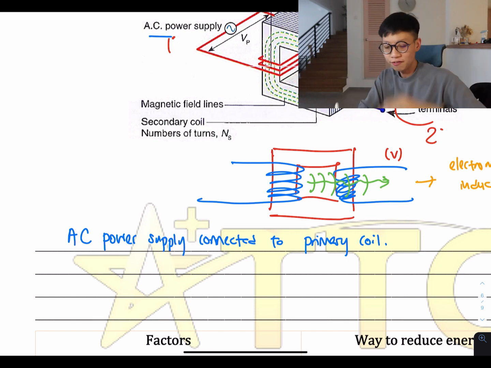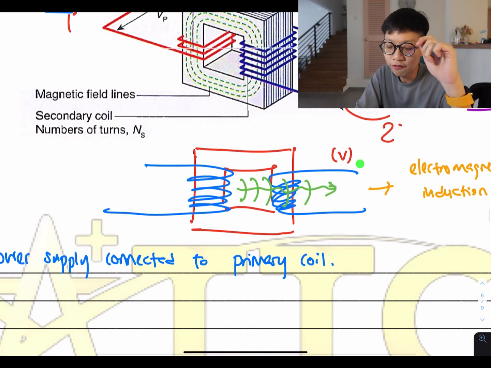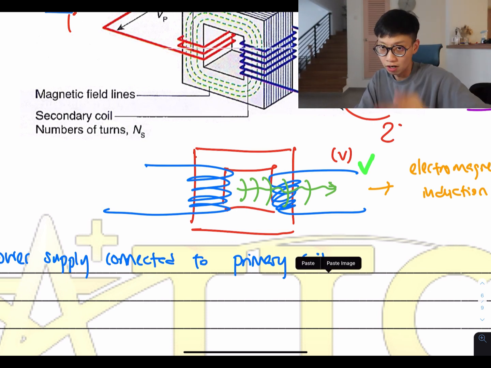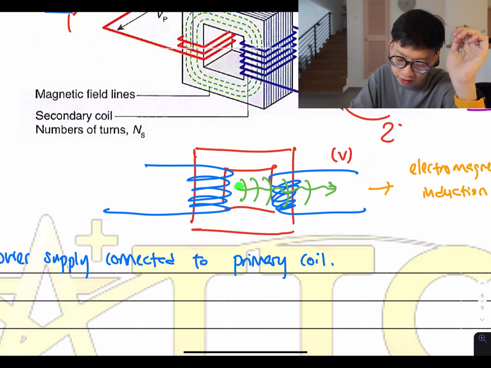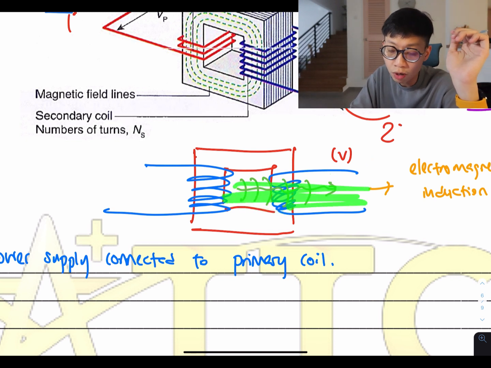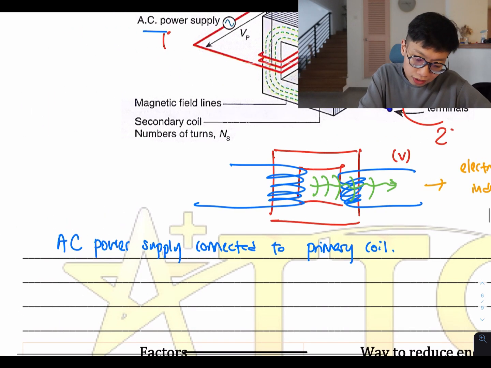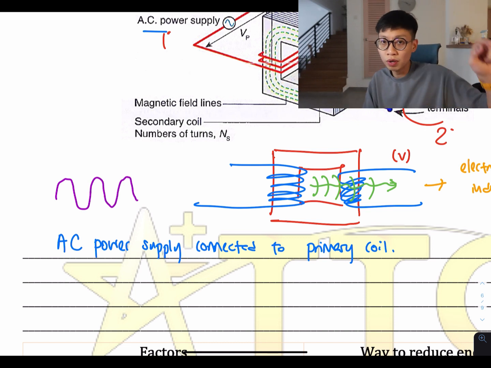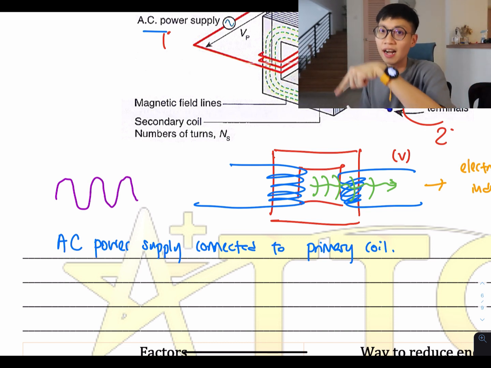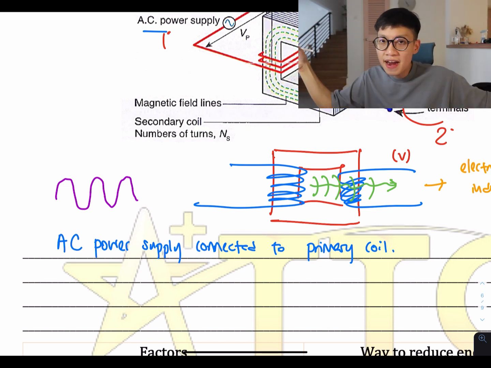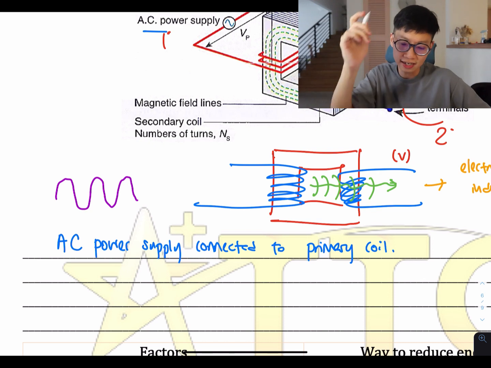If this is a coil, in order for here to have electricity, you must cut. Cut is an action. So you need the magnetic field to go in, go out, go in, go out, so it will cut repeatedly. An alternating current is a current that will increase and decrease, which gives you a varying current to produce a varying magnetic field. This varying magnetic field will cut through the secondary coil.